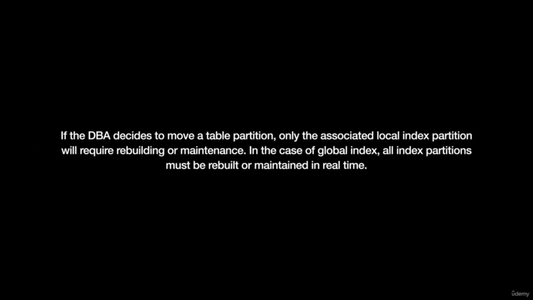In the case of a global index, all index partitions must be rebuilt or maintained. In some cases, Oracle can take advantage of the fact that the index is locally partitioned on the table and develop optimized query plans based on this. There is no such relationship between the index partition and the table partition in the case of global indexes.